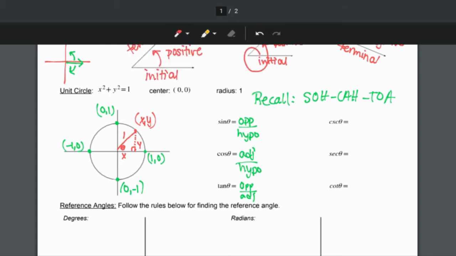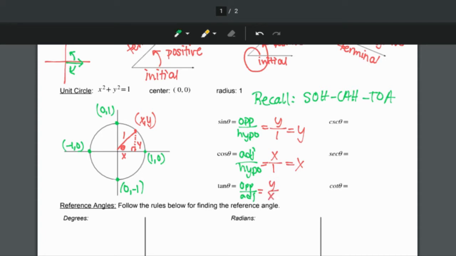If I look at the sine of that angle, it would be opposite over hypotenuse, which is just y. The cosine is adjacent over hypotenuse, which is just x. Tangent of that angle is opposite over adjacent, which is y over x.